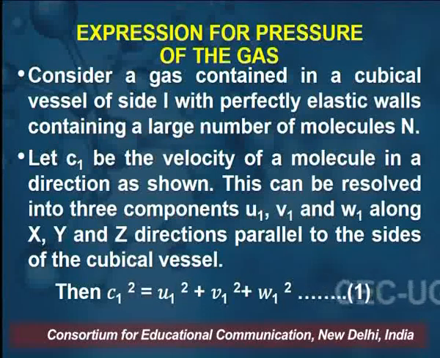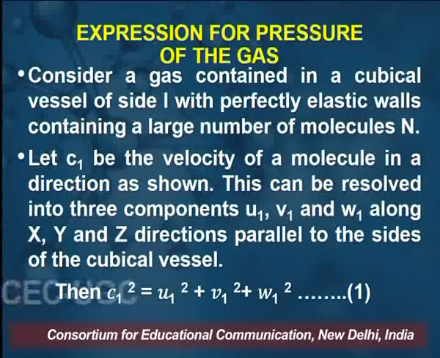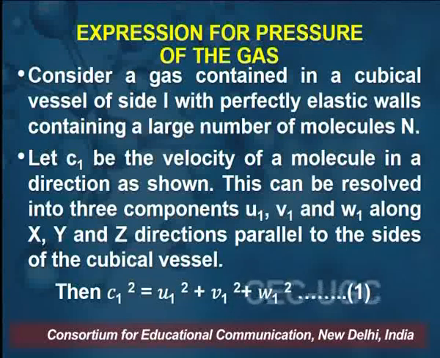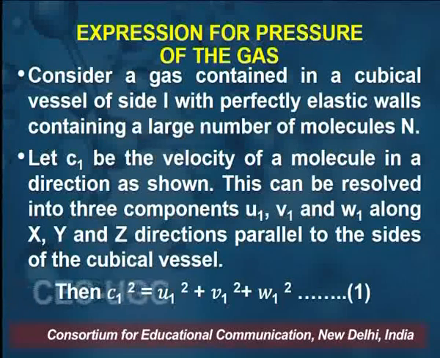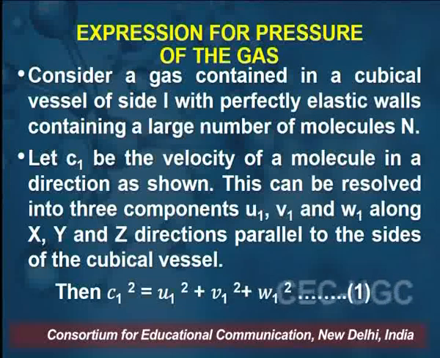This can be resolved into three components U1, V1 and W1 along the x, y and z directions parallel to the sides of the cubical vessel. Then C1 square is equal to U1 square plus V1 square plus W1 square.